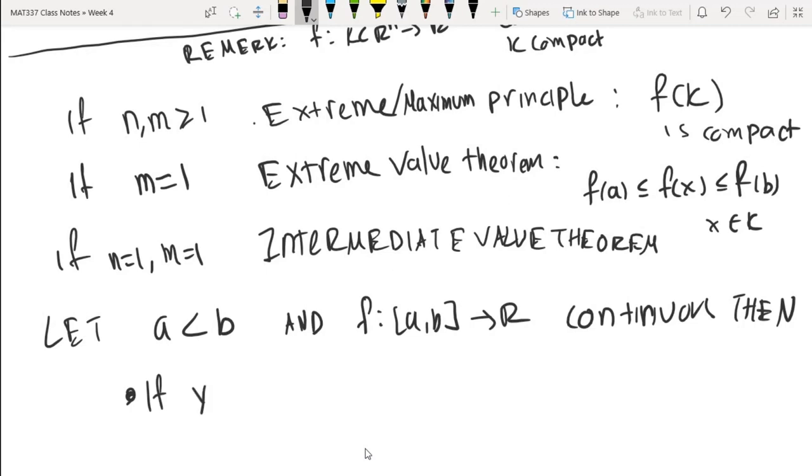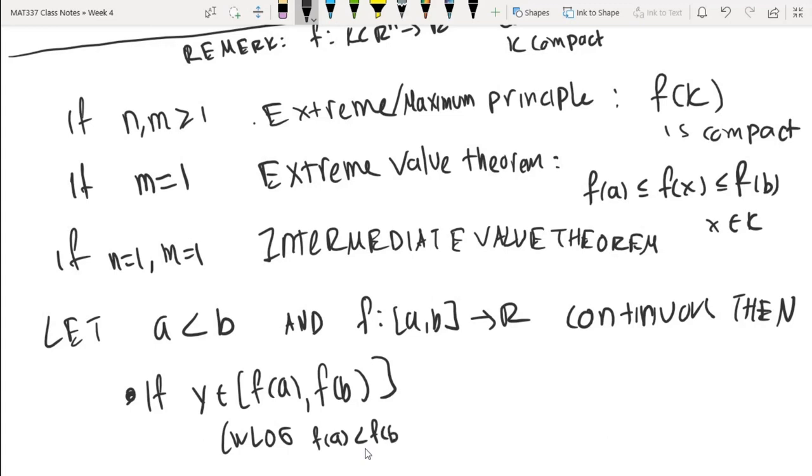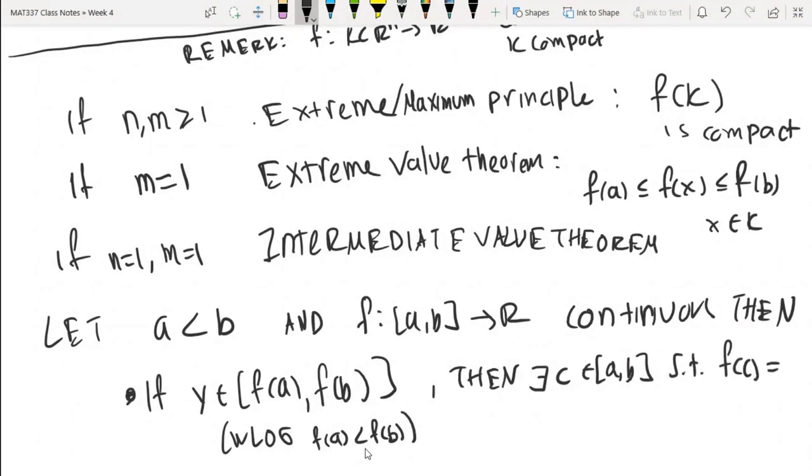If y is, let's take f of a to be less than f of b without loss of generality, then you attain that intermediate value for at least one point.